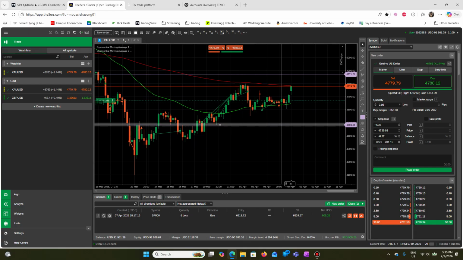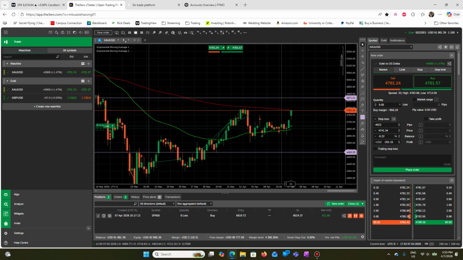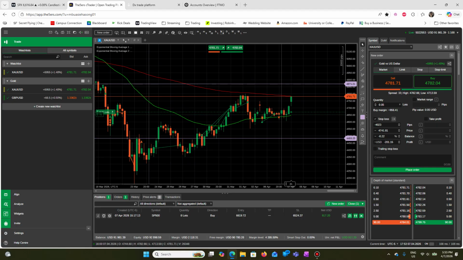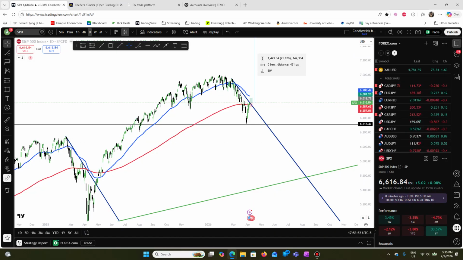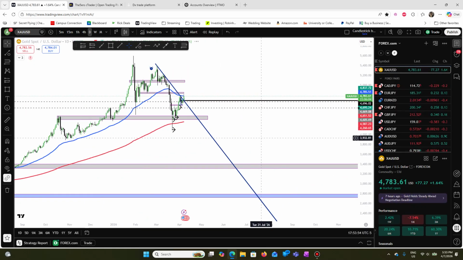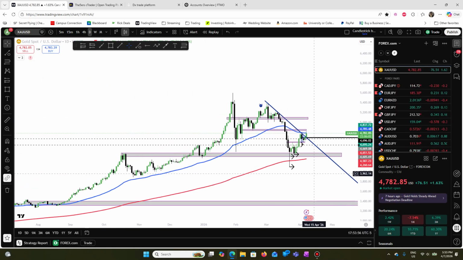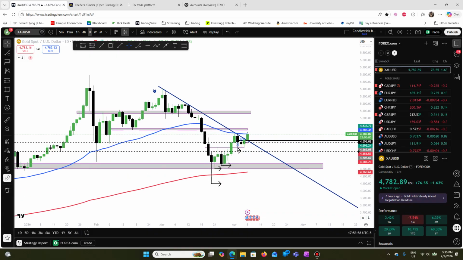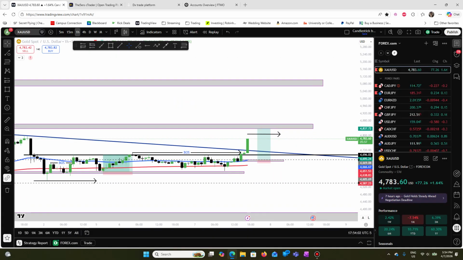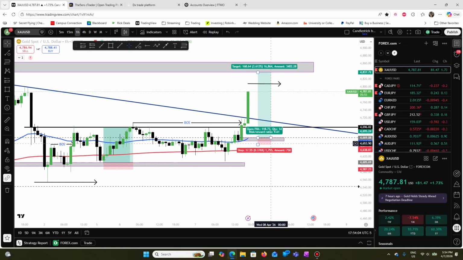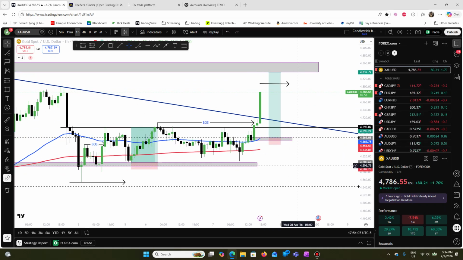But on gold, we're still seeing what the market is going to do. But with this gap that the market has created, let's go back to gold. 1 hour. So you can see that gold is just ripping up to the top.